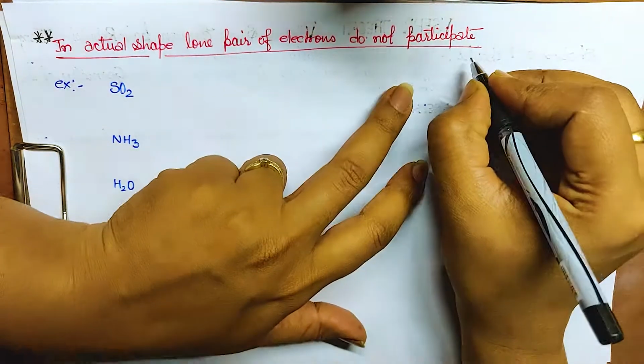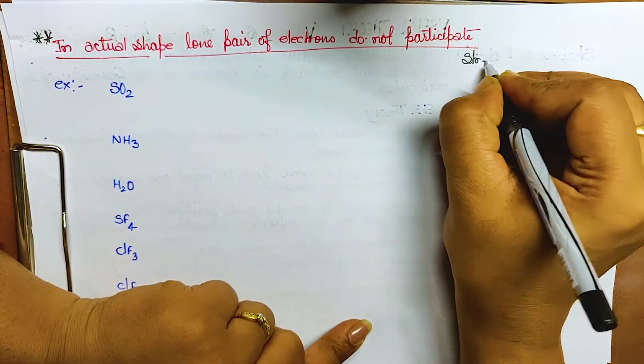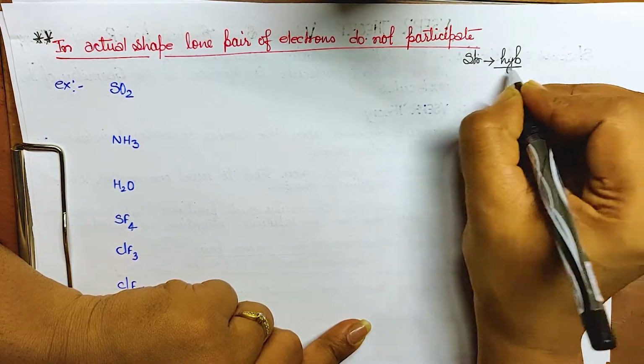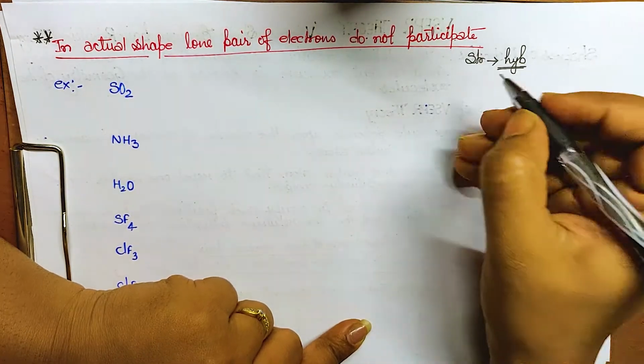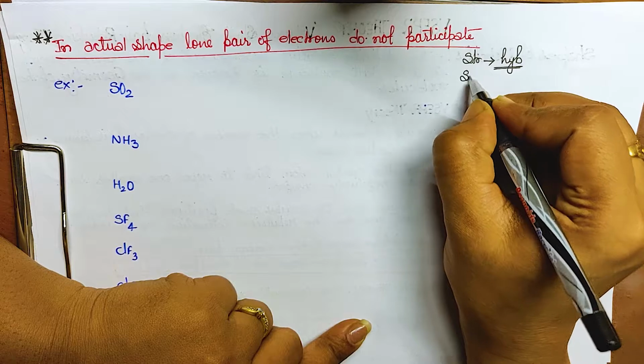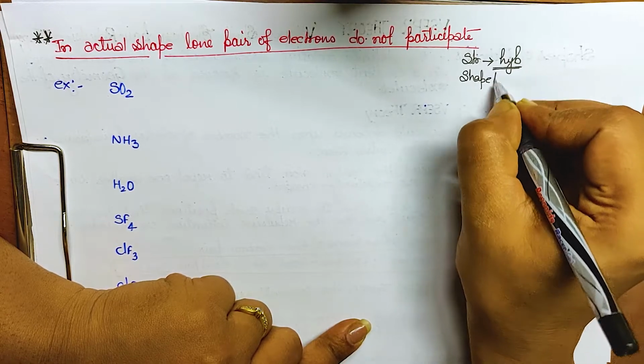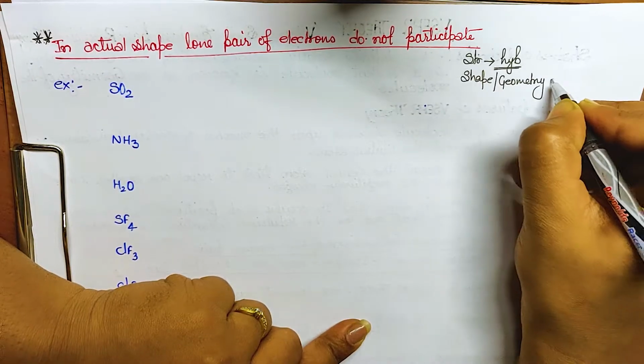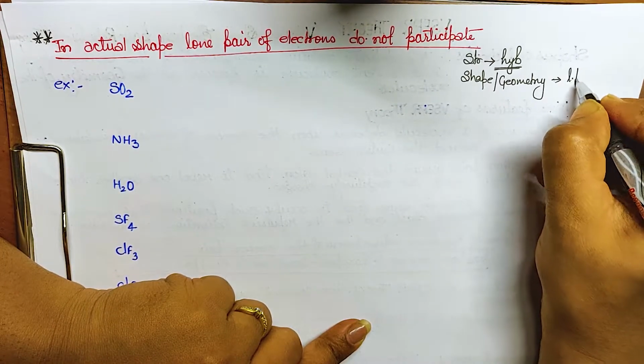If the structure is asked, the structure will depend upon the hybridization. While if we talk about the shape or the geometry, we will not consider the lone pair in this case.